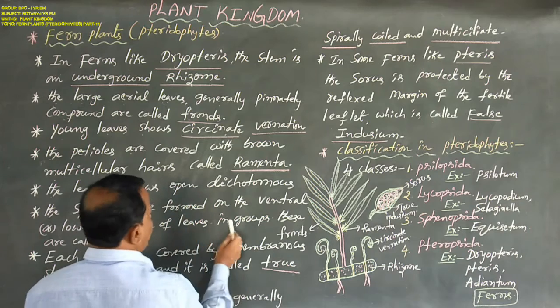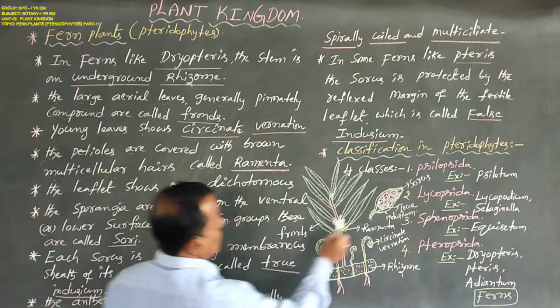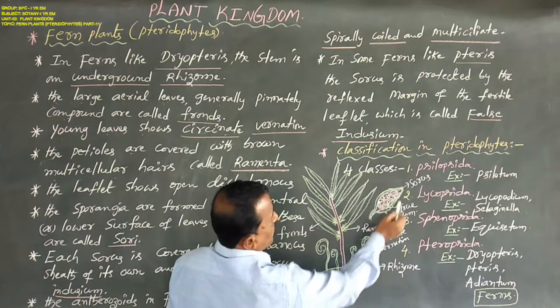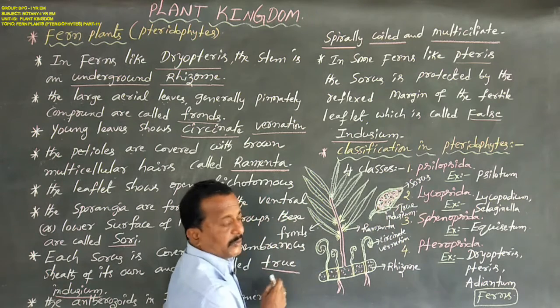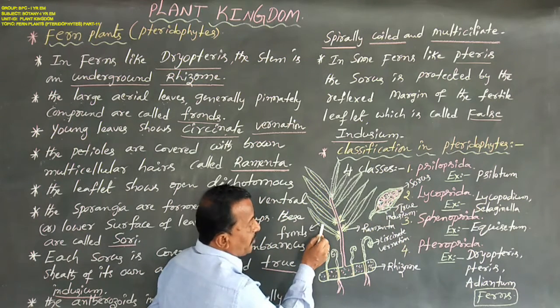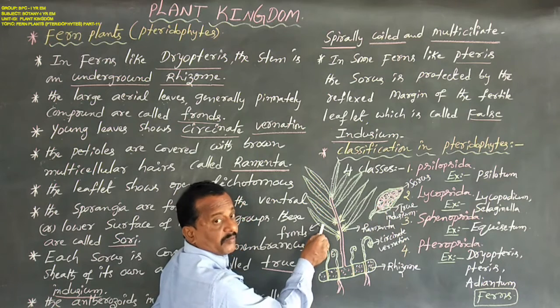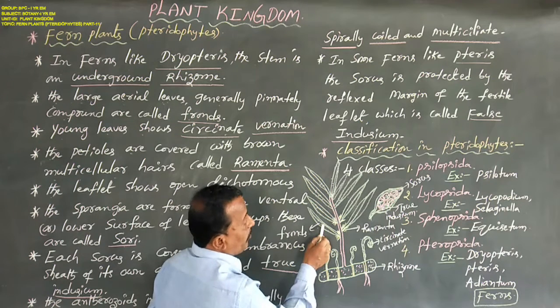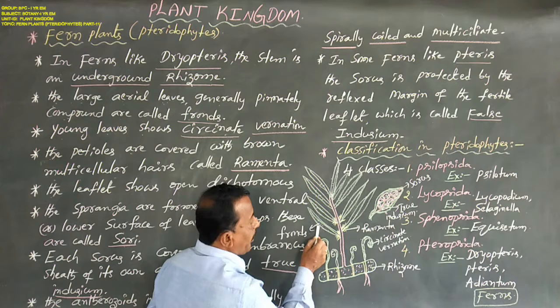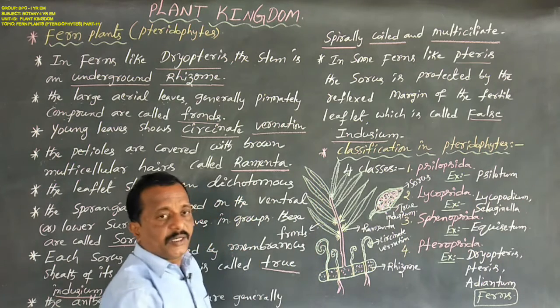Those sporangia are in groups, and these are called sori. In pteridophytes, especially fern plants, the sporangia are developed from the ventral or lower surface of the leaves.